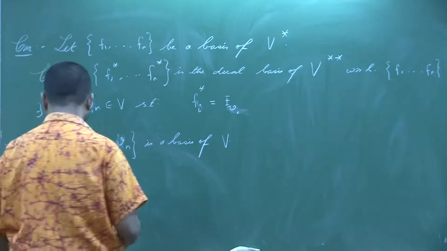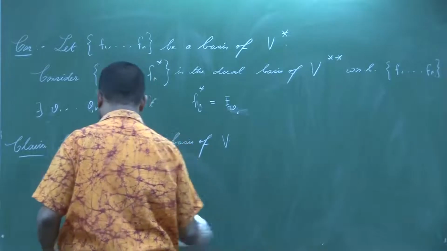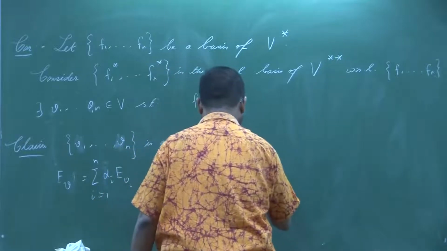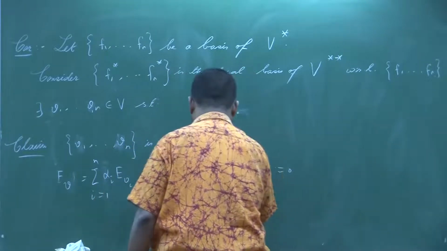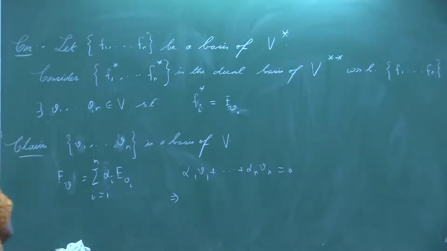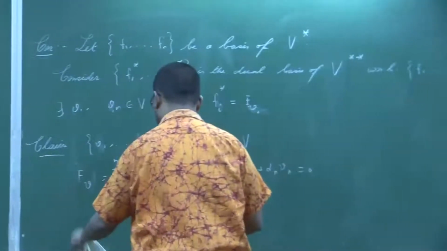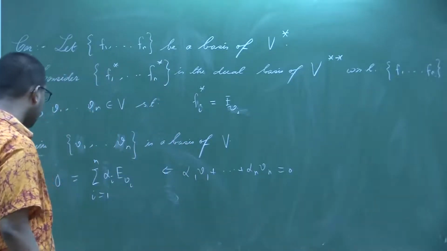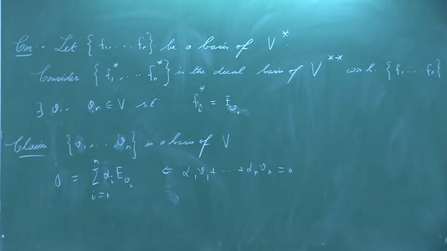So, if alpha 1 V1 plus up to alpha n Vn equals 0, then using the linearity here, we get that summation E of alpha i is 0, okay, because of linearity.